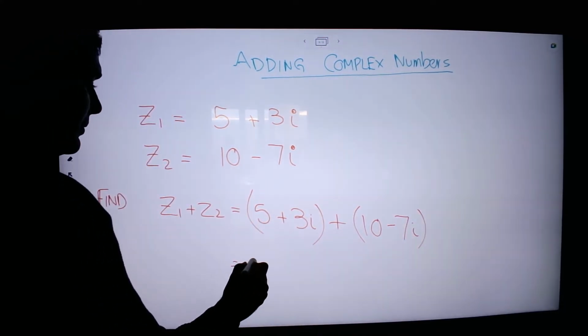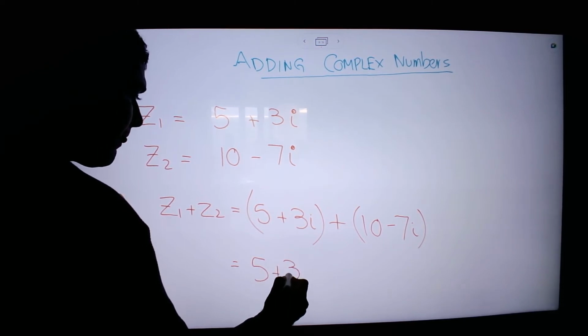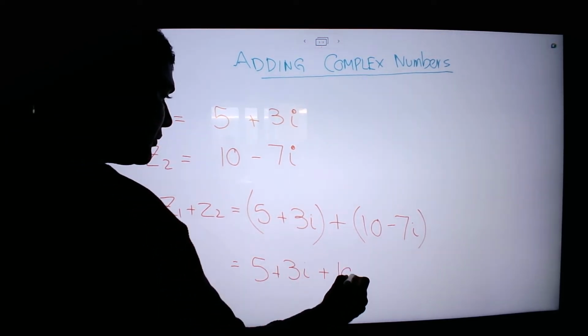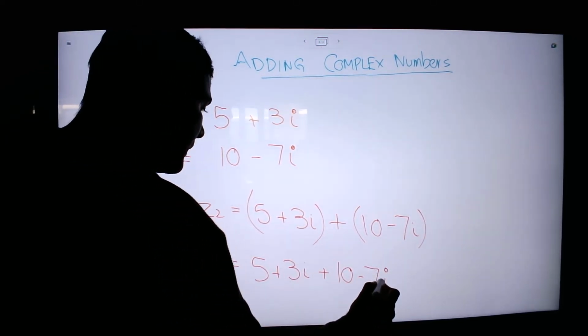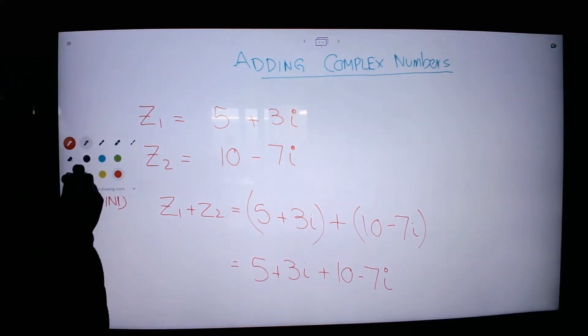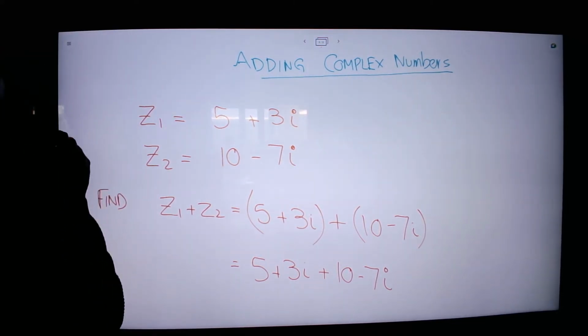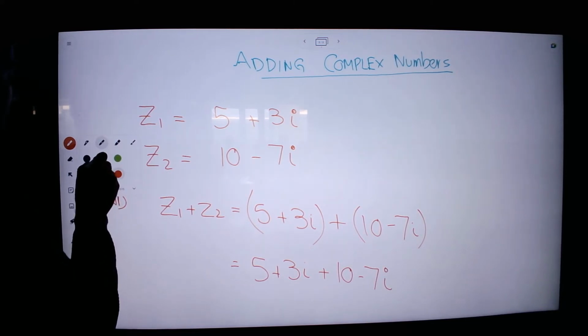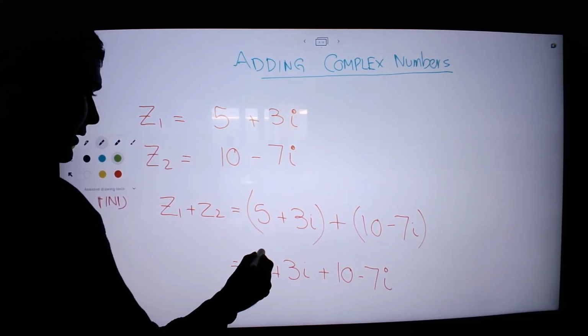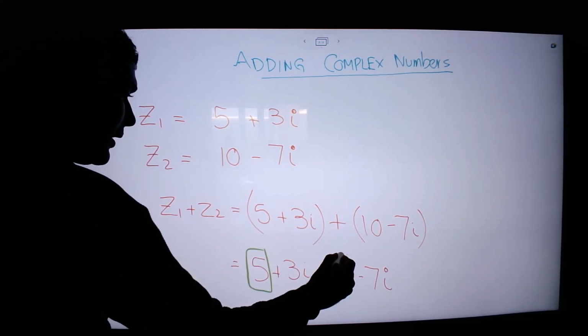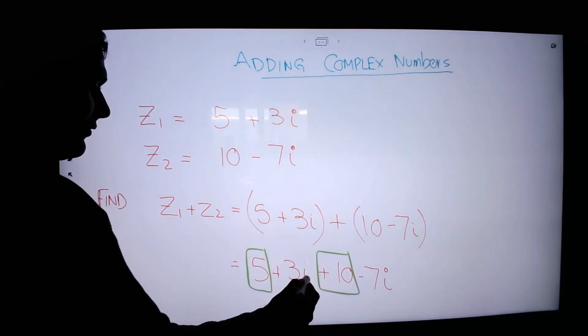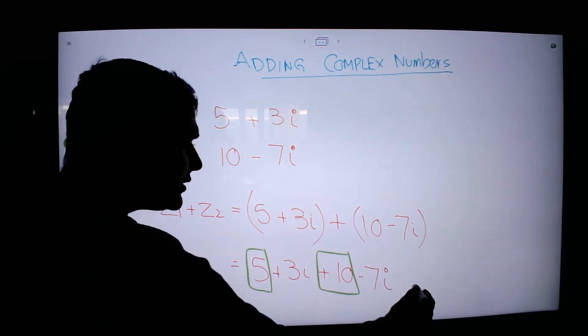Next step, I open up the brackets. And then if I have a look, there are two things. One is the real part and real part. So 5 plus 10, the answer is 15.